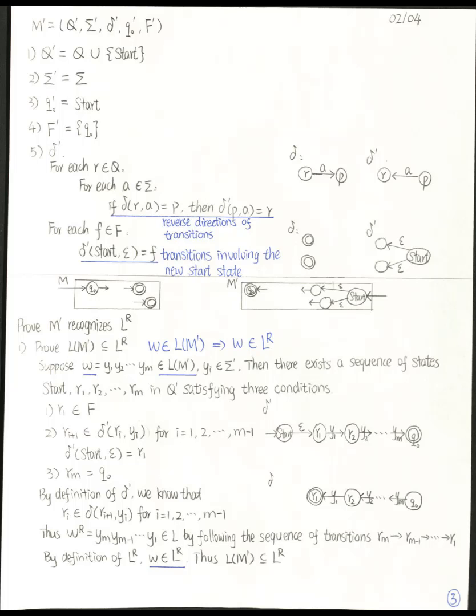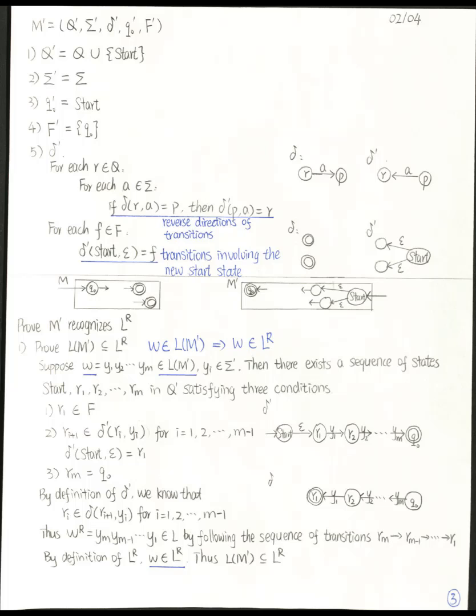In principle, all of them should be start states. But by the definition of NFA, we can't have multiple start states. But luckily, we have epsilon transitions. So we can add a new state, start, to this machine and add epsilon transitions from this start to my final states in M. So I can start from multiple places, non-deterministically.